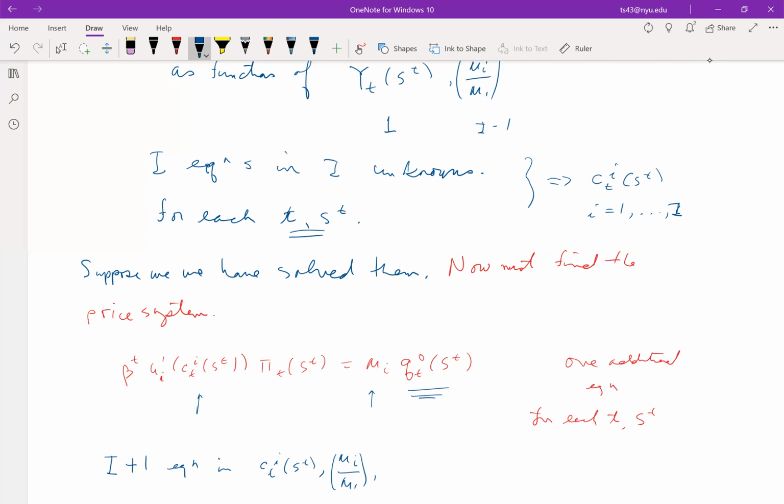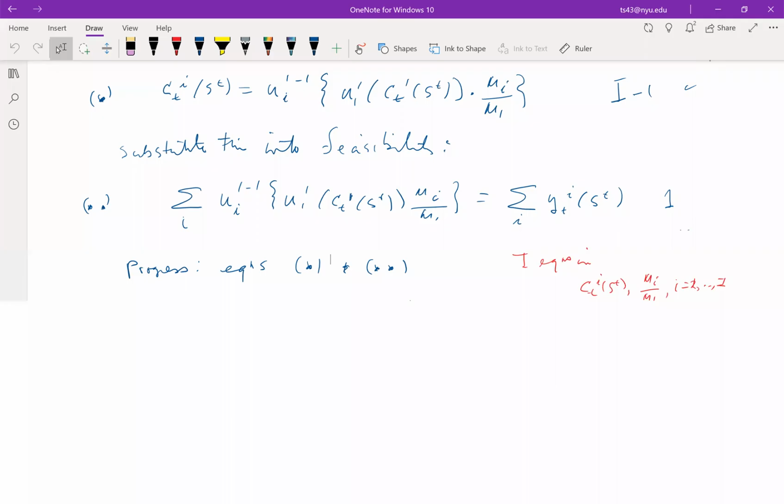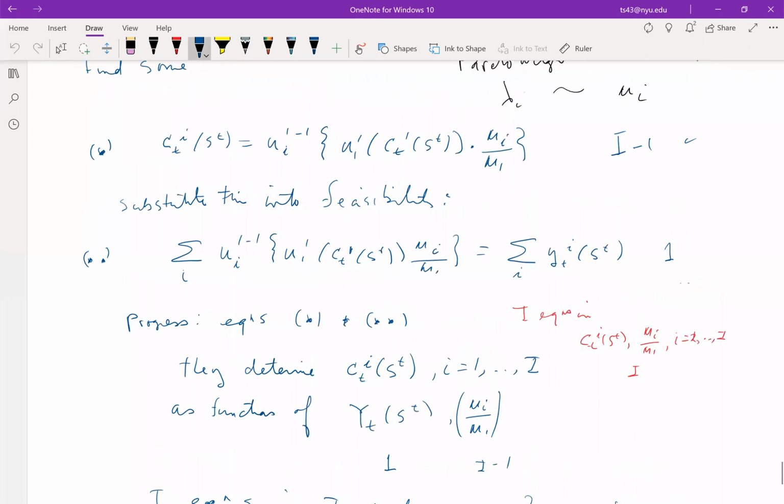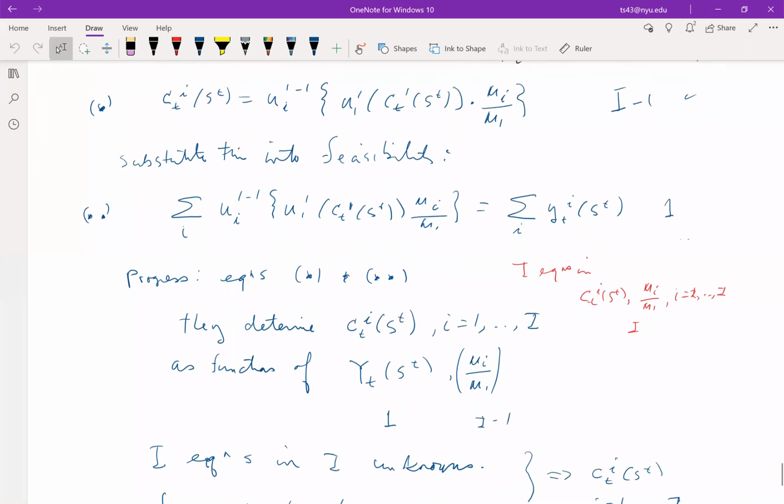I'm thinking out loud because this is good for me. We want to solve them. Okay, so let's continue. This is a matter of seeing if Sargent can count. Okay, let's count equations.